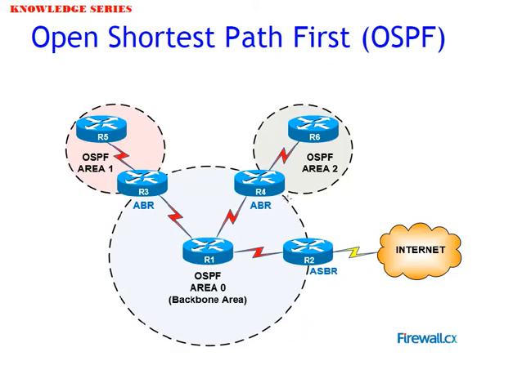OSPF uses the link cost as a metric, and thereby it is the inverse of the bandwidth of the link.